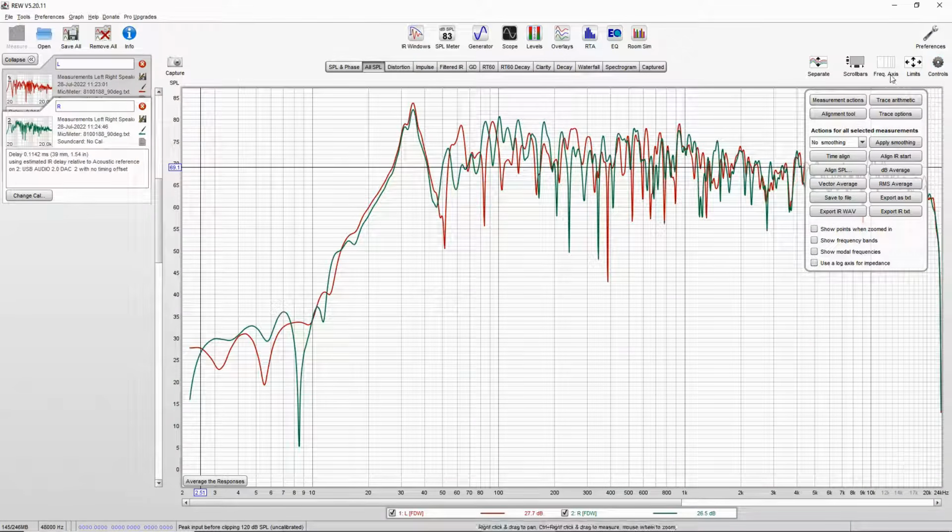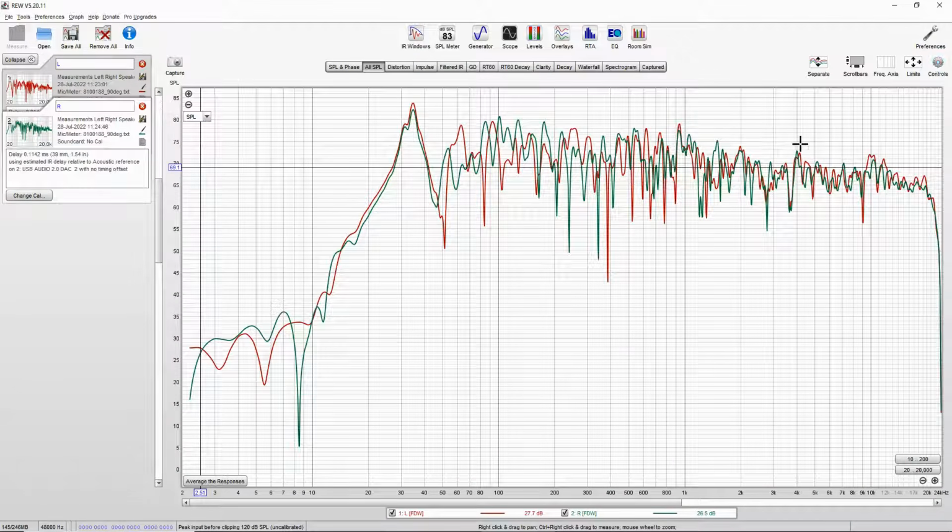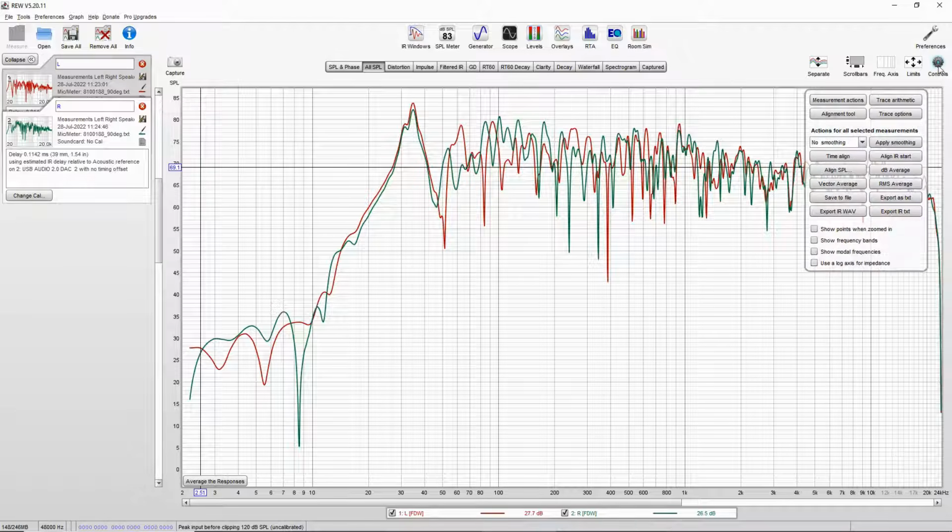Now we have time and volume aligned left and right speaker. It's time to now get their average. We use RMS average. It's the same as here, the average responses.